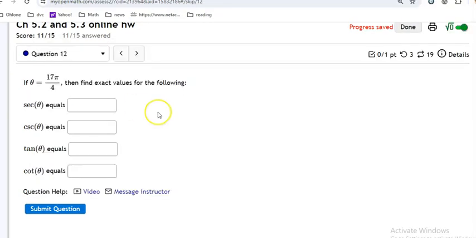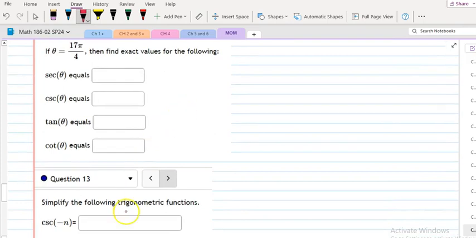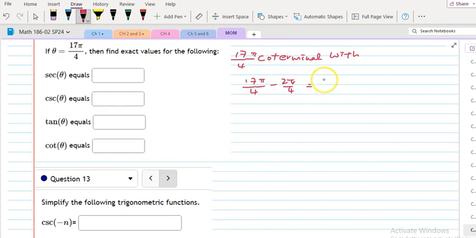But 17 pi over 4 is not in 0 to 2 pi on the unit circle, so I have to find a coterminal angle. Subtract 2 pi, which is 8 pi over 4. 17 pi over 4 minus 8 pi over 4 is 9 pi over 4.